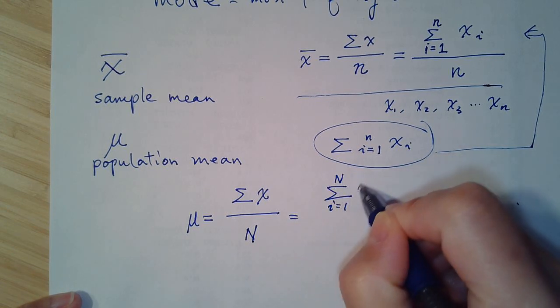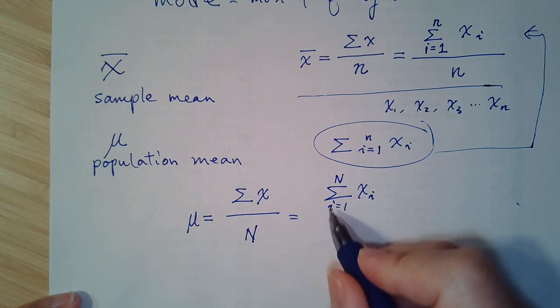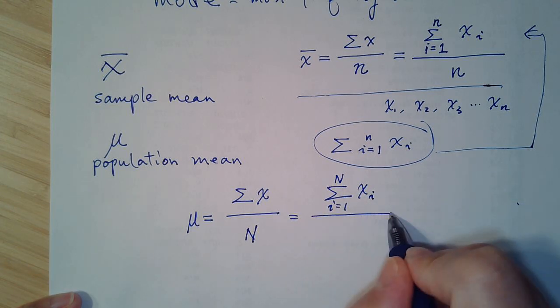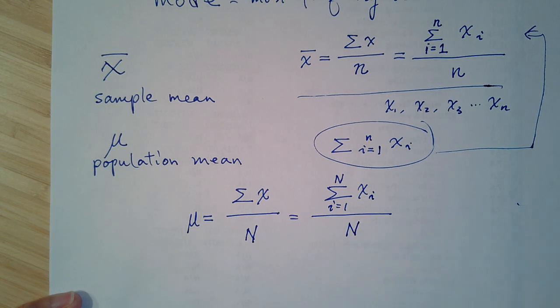The capital N is how many numbers there are. You add all the values up and divide by this N. That's how you calculate it. This gives you the formula to calculate the population mean or the sample mean.